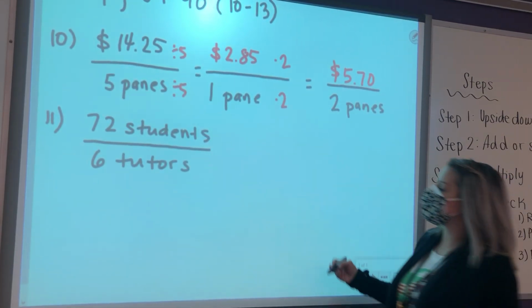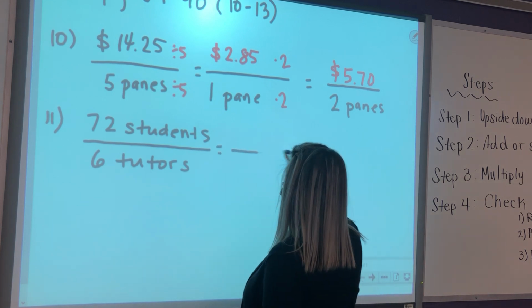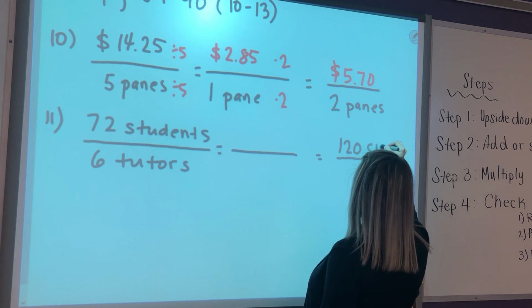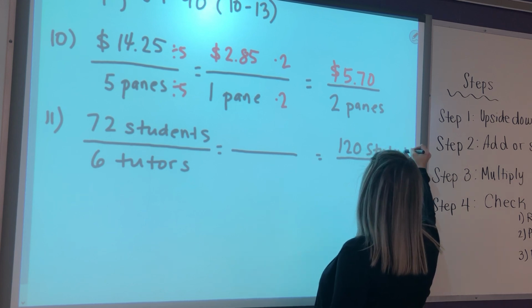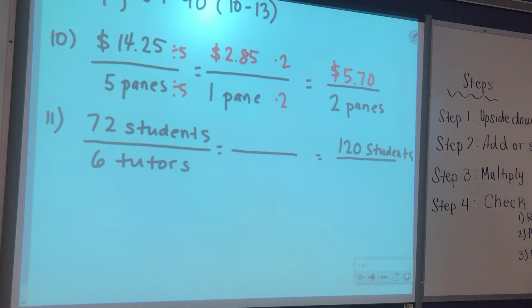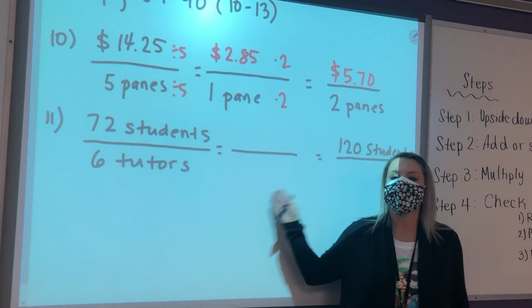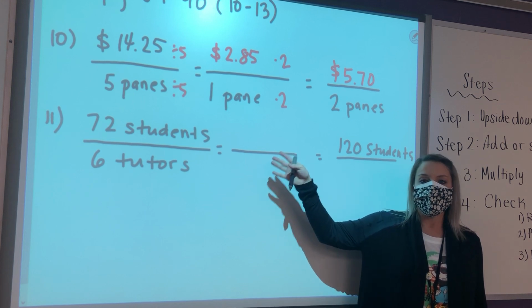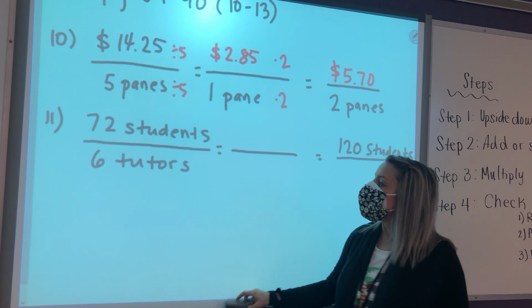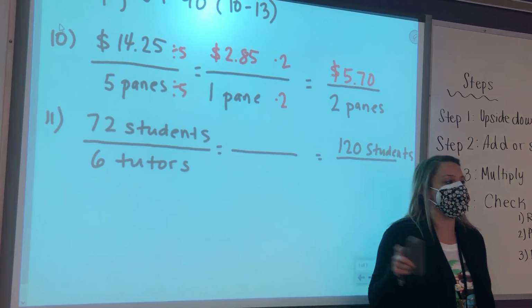I want 120 students. Are 72 and 120 compatible numbers? No, they're not compatible numbers. So we need to figure out how to get from 72 to 120. Is it appropriate to use unit rate in this situation?